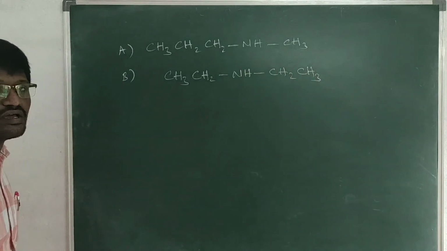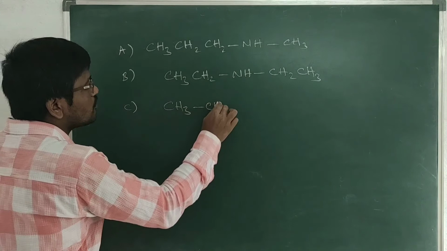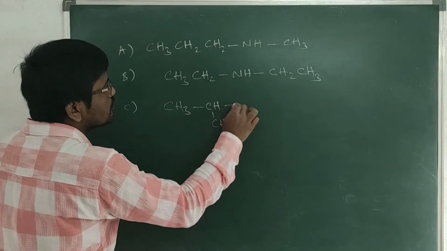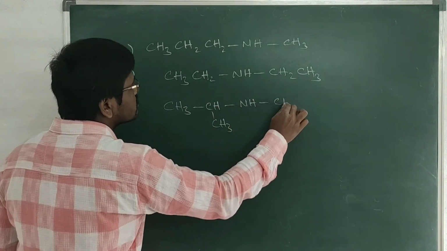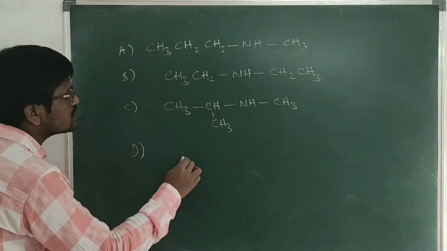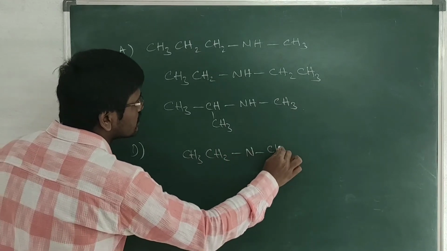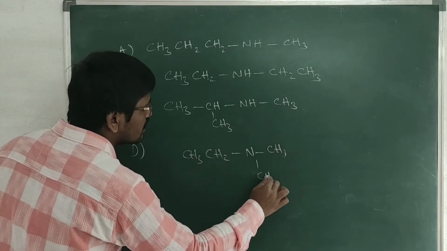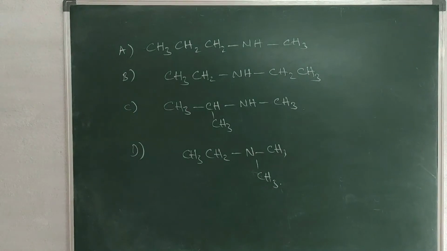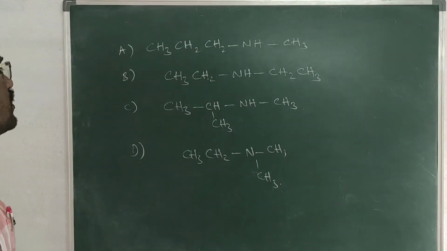Compound C is isopropyl methylamine, and compound D is ethyl N-dimethylamine. So like this we are taking compounds. These all have the same molecular formula, and these are all isomers, no doubt.